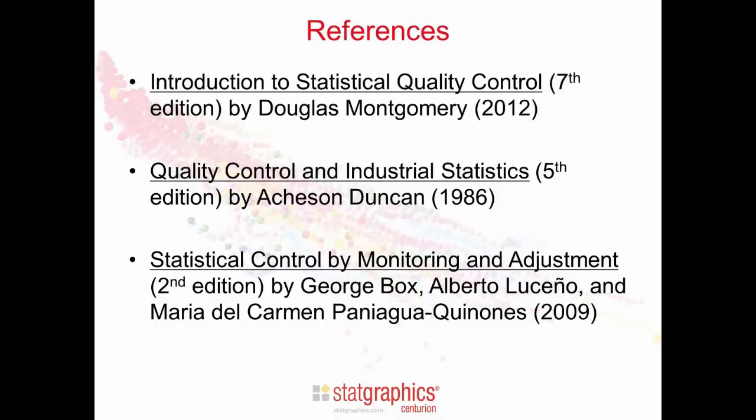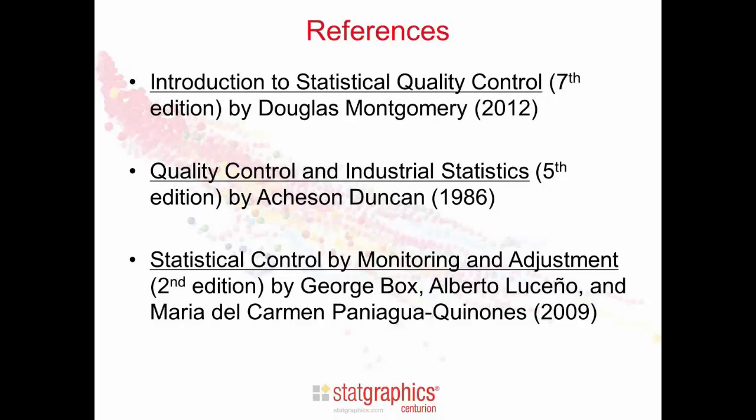You'll find Toolwear charts, acceptance control charts, and so forth, even in some of the early editions of his book. And then finally, the primary source on the Q-score control charts, if you really want to get all the details behind that, is a book by Box, Luceno, and Del Carmen Paniagua Quinones.